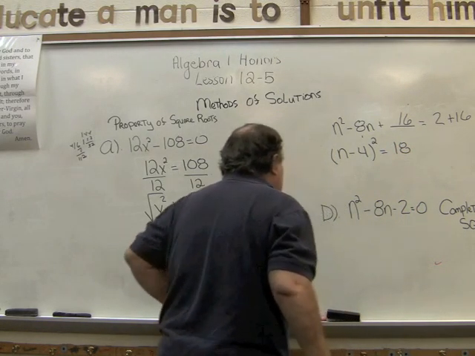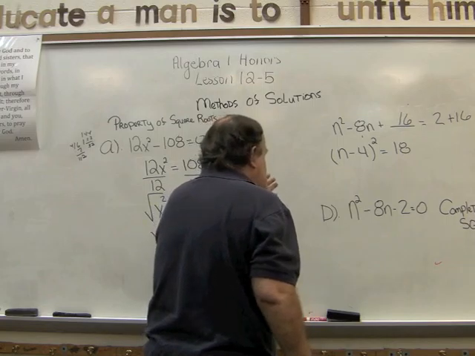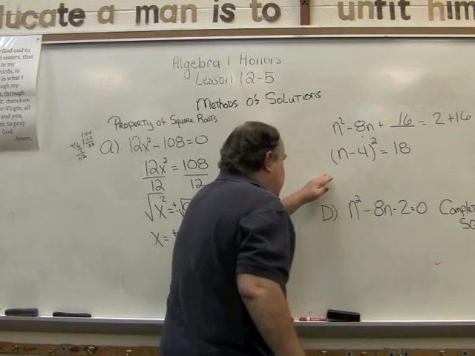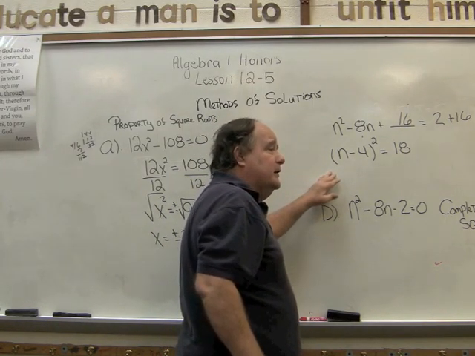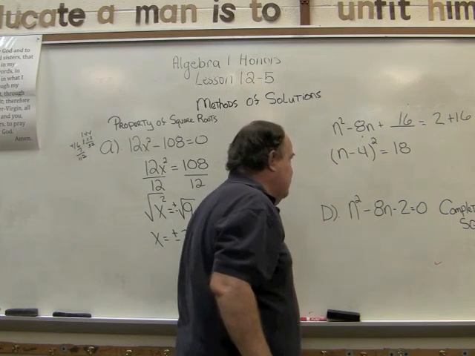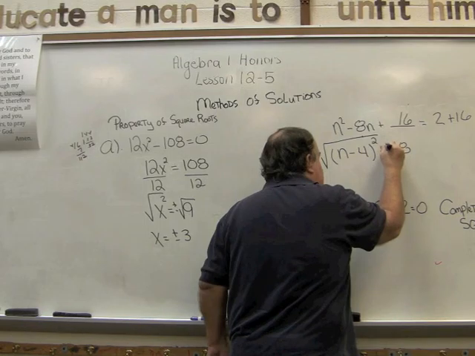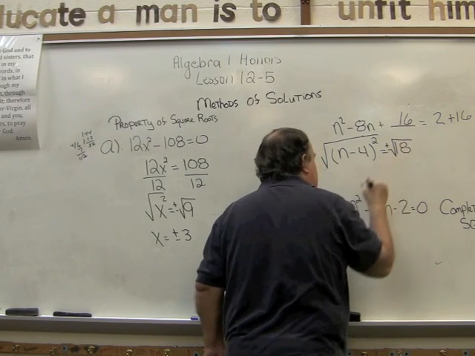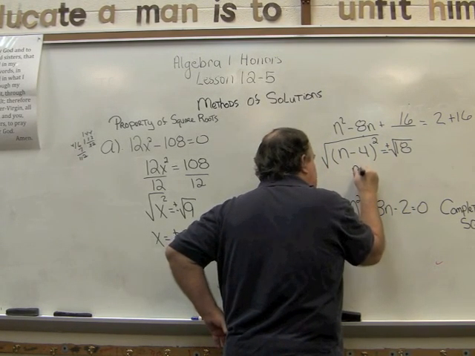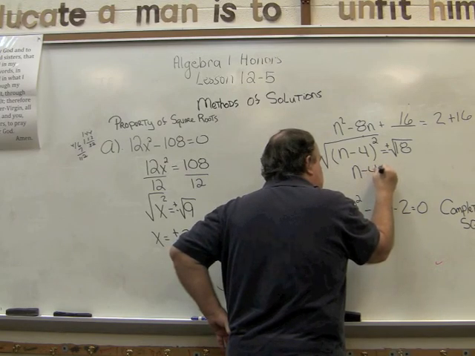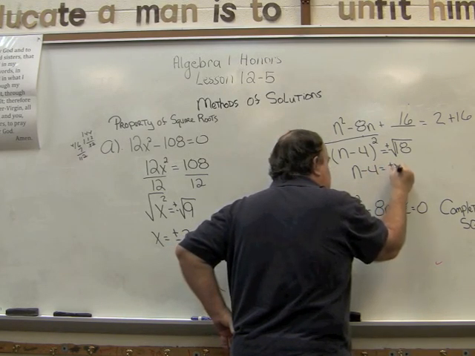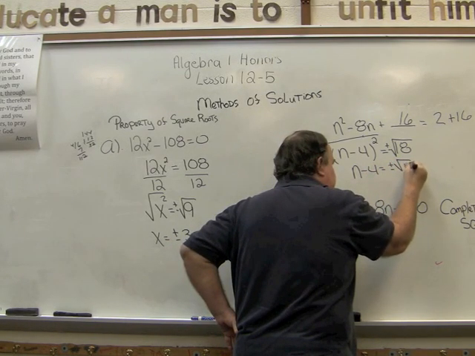Okay, now this sort of looks familiar. Sort of looks like the property of square roots. We've got a square here. So to free us of this exponent, we take the square root of this guy, and we take the square root of this guy, and this guy's going to turn out to be n minus 4 equals plus or minus the square root of 18.